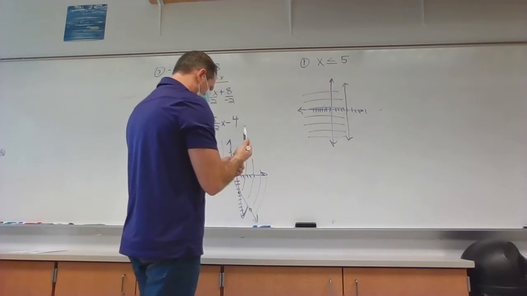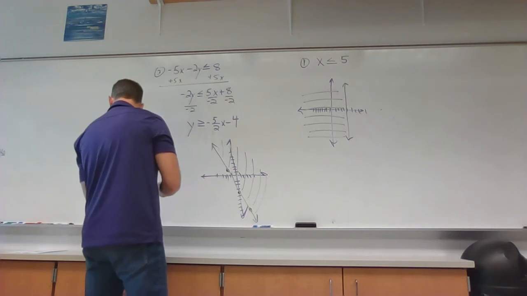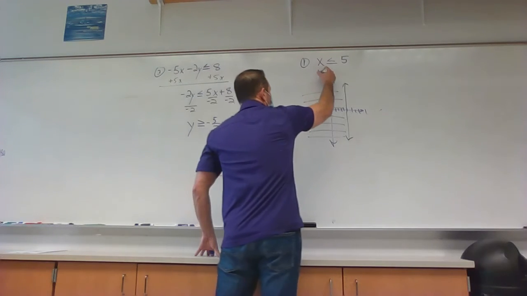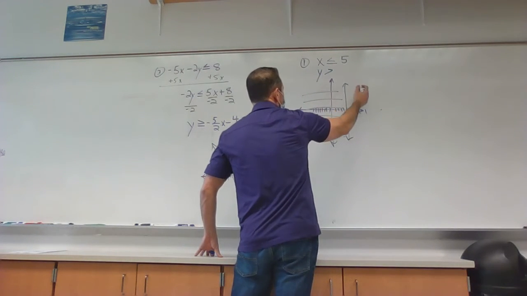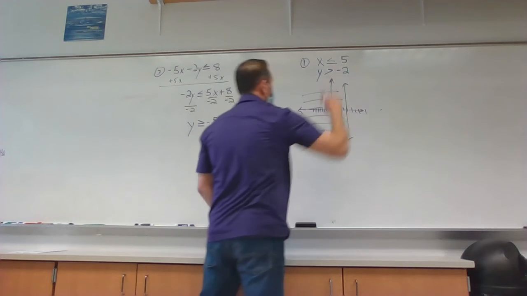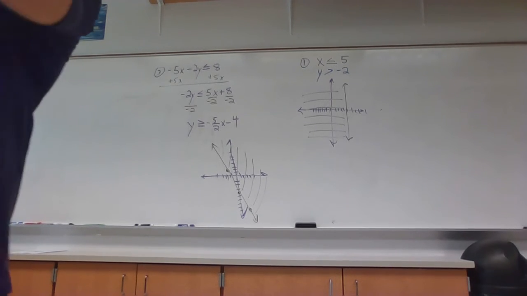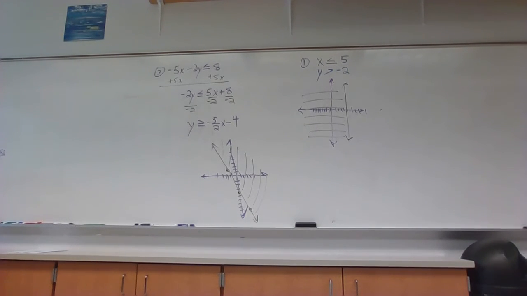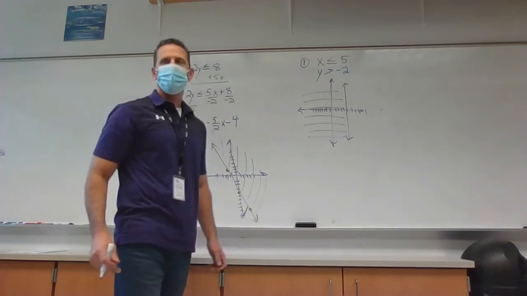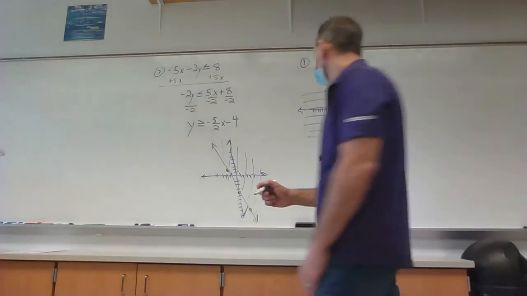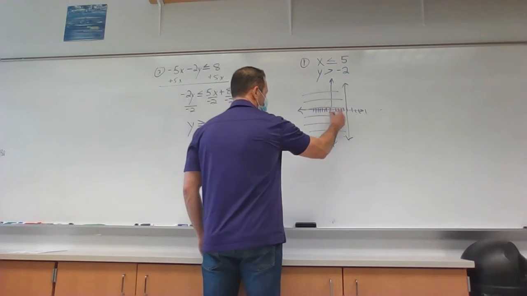Now, since we did a vertical line, let's look at a horizontal. What if I ask you to graph, let's do it on the same graph, y is greater than -2? I'm telling you to do it on the same graph because you only have 4, and this is problem number 4. And there's another reason I'm having you do it on the same graph. You got your horizontal line right at -2.